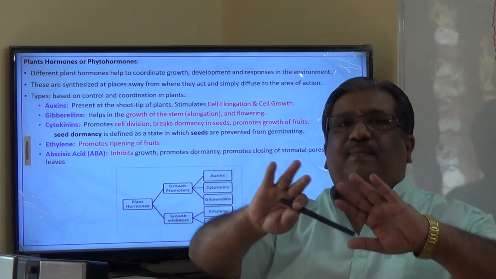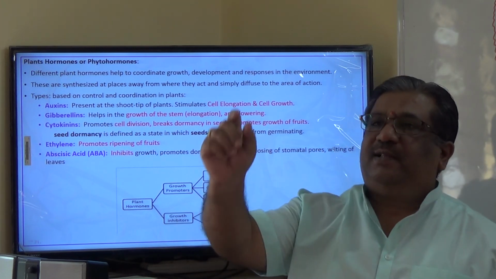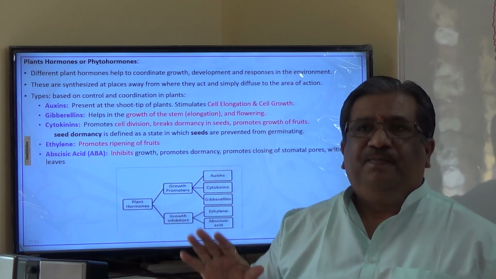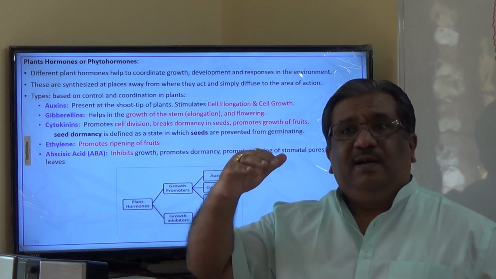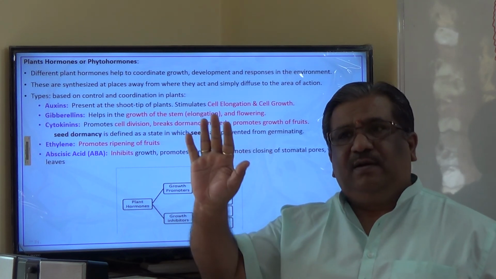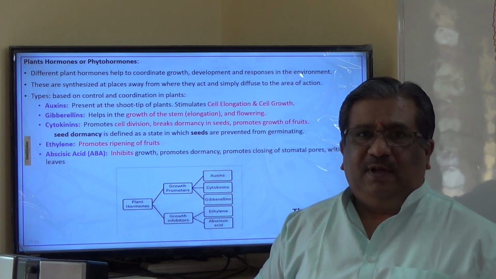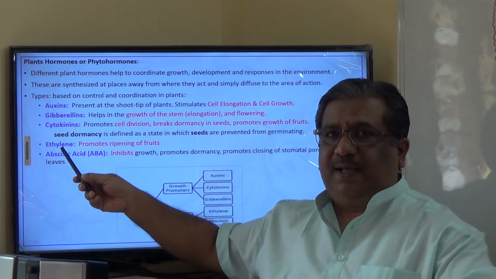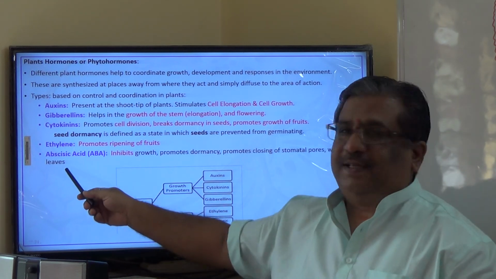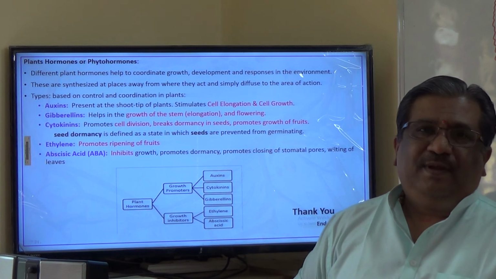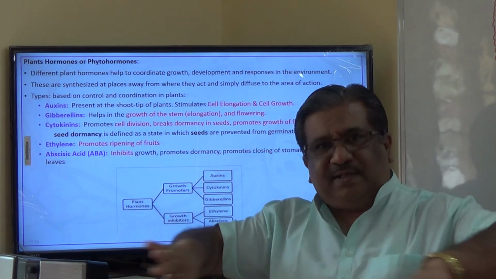But cytokinins break the dormancy. The moment you take the grain inside water, whenever they achieve the suitable temperature and all, it will start germinating. But as long as you stock it in your house, the grains will not be able to sprout. That means if it comes into contact with water, cytokinin plays a role. In the absence of water, abscisic acid plays a role because it promotes dormancy, whereas cytokinins break the dormancy.